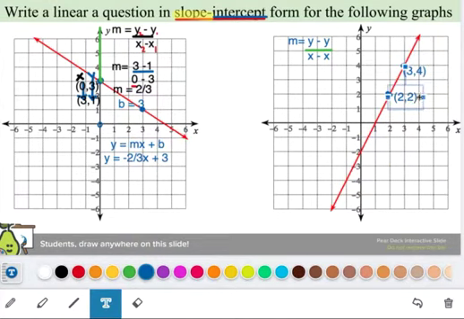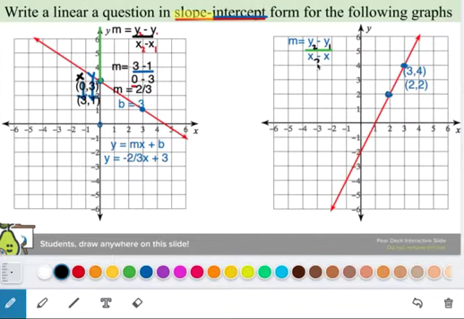Okay, I'm going to move this under here so I can see it better, line them up. That's the nice thing about computers. This is y sub 2 minus y sub 1 over x sub 2 minus x sub 1. So my y numbers are my 2 and 4.